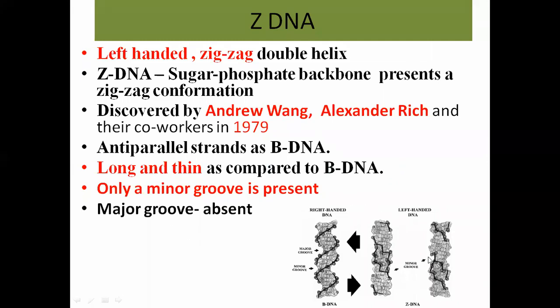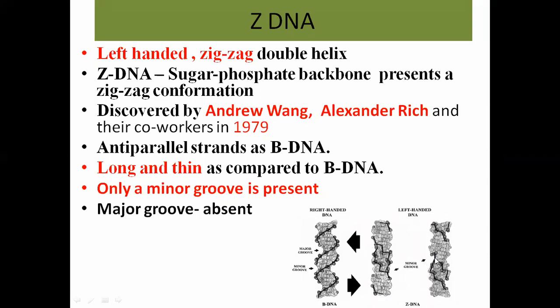See this picture. What's the difference between BDNA and ZDNA? Compared to BDNA, ZDNA is long and thin. And how many grooves can you see here? Only a single groove. The major groove may be rudimentary or completely absent, so we can say the major groove is absent.